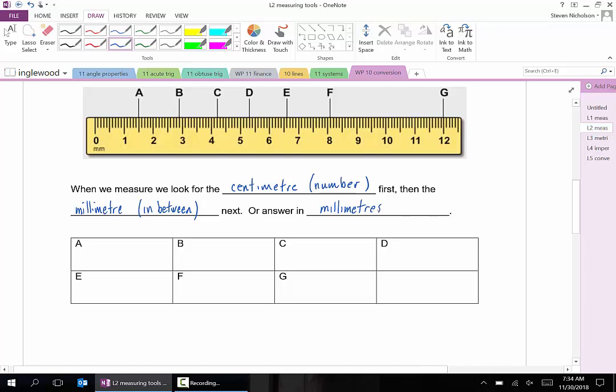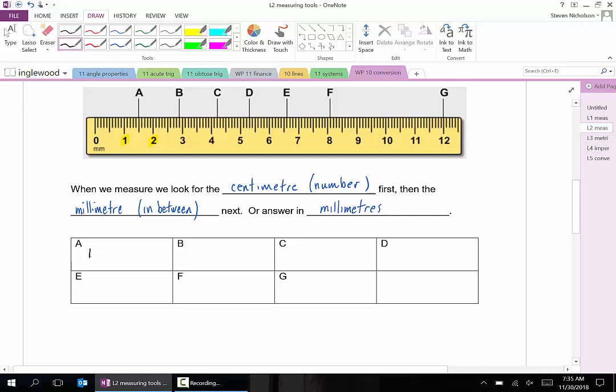So if we look at A, imagine we measured something, and that's where it measured to. The first thing I'm going to look at is the numbers, and this is obviously in between 1 and 2. So I know that the measure of A is 1 point something centimeters.